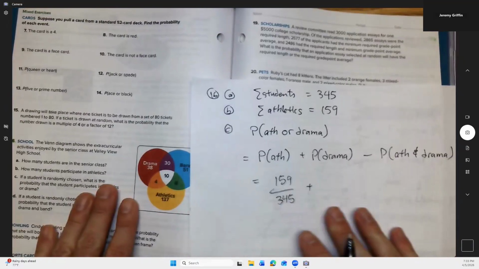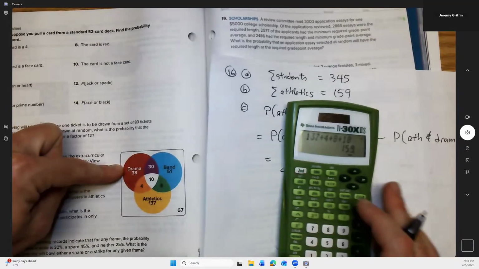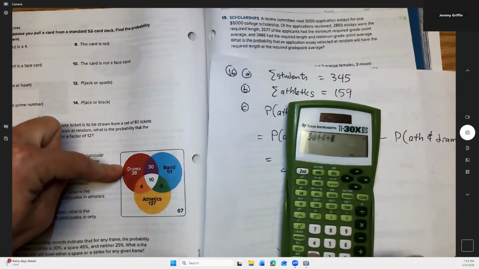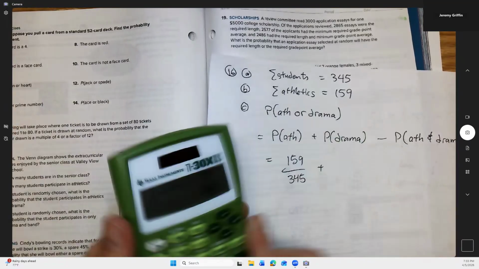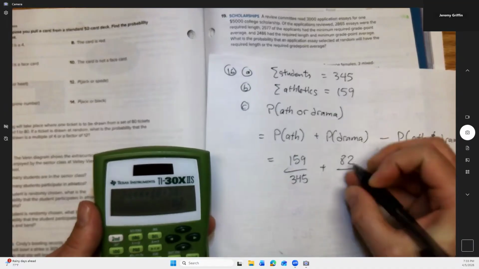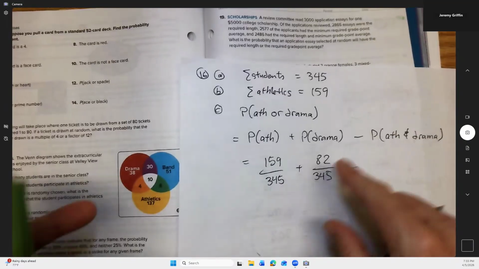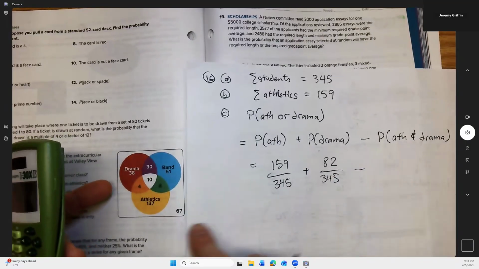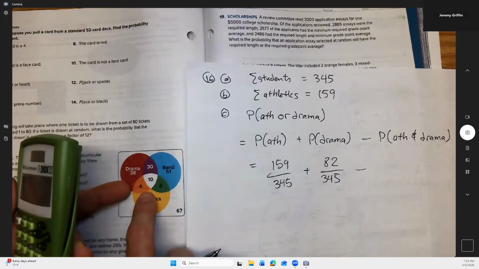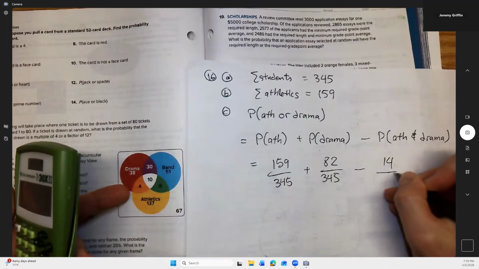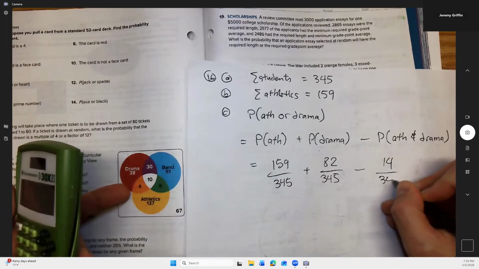Now drama, let's get that number. That's 38 and 4 and 10 and 30. So it's like 82 out of 345 students are taking drama. But I know I've double counted some students. Athletics and drama, there's these 14. 10 and 4 is 14. So I have to not double count those.